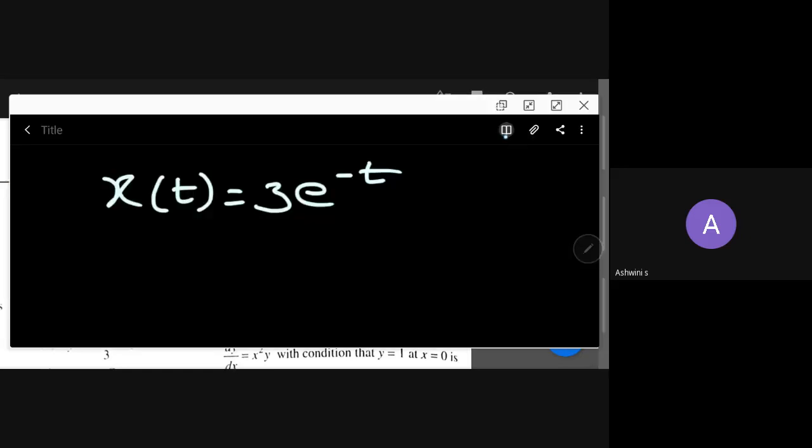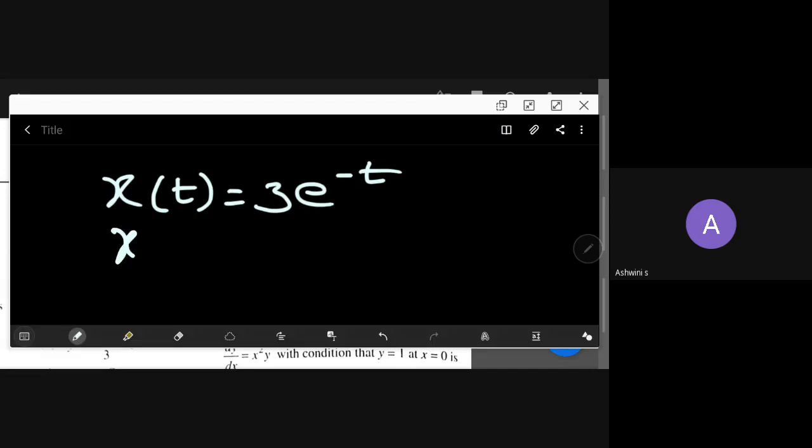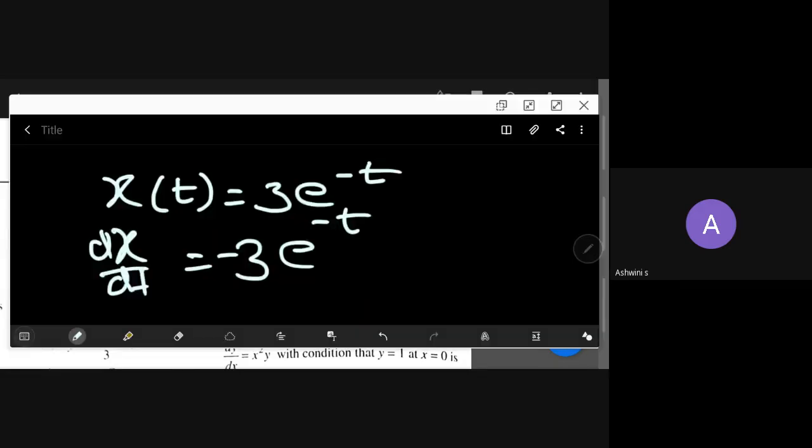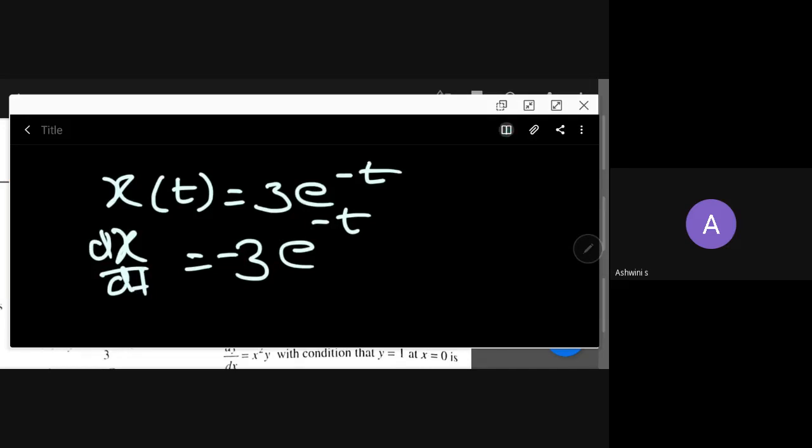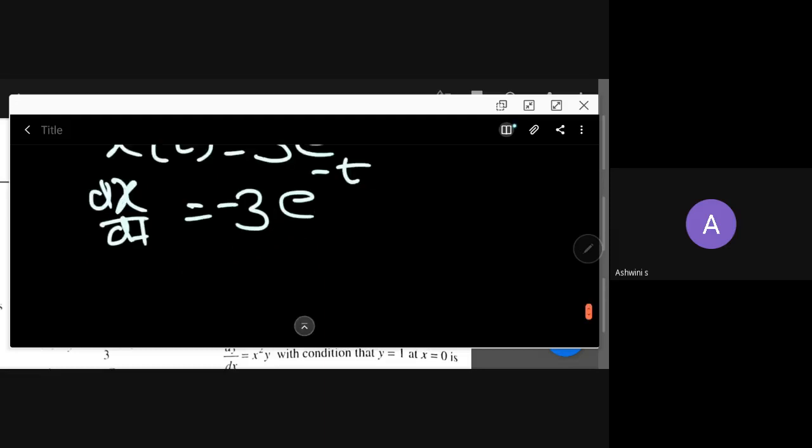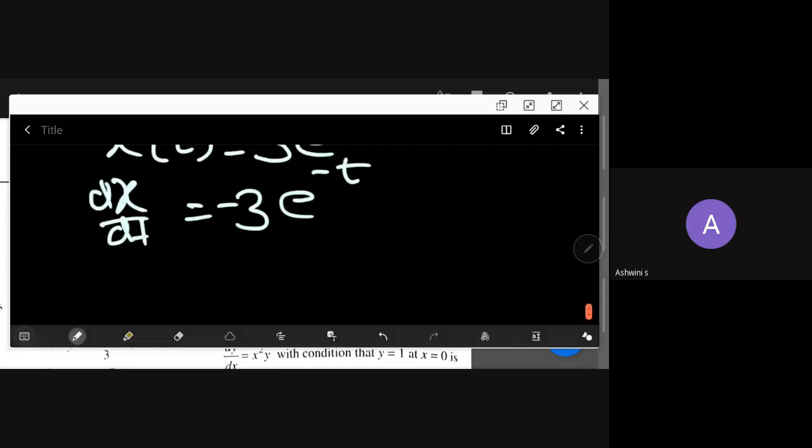So x dot, dx by dt, is minus 3 times e power minus 3t, then you have plus 3x. 3x is equal to 3 into e power minus 3t.